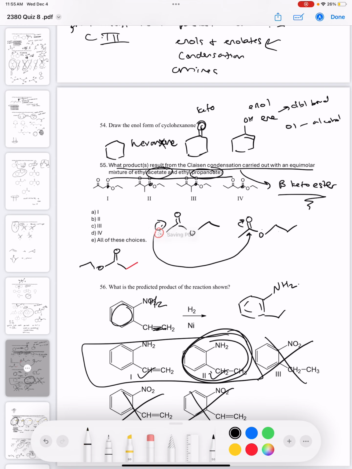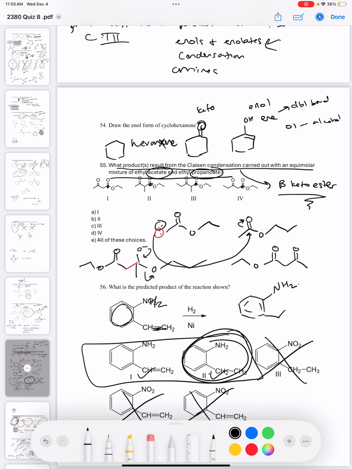And then we go back to O minus. And you have this still, and you still have this, and then I think this side would recover and kick out, and so you'd end up with this.